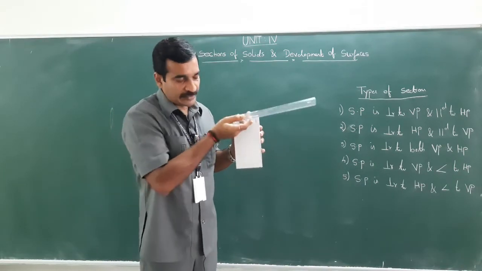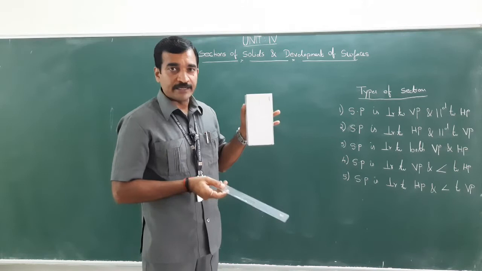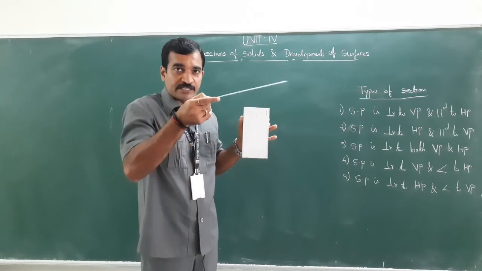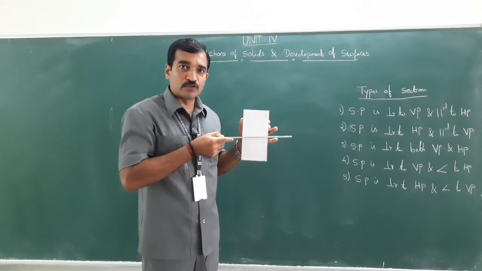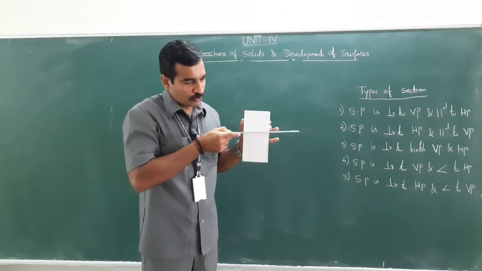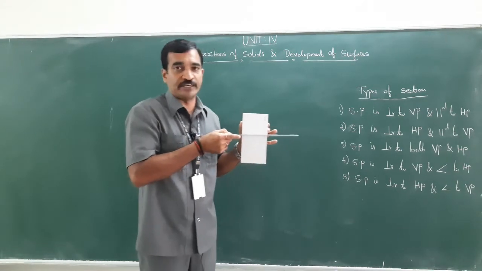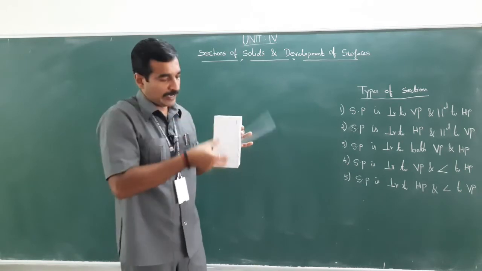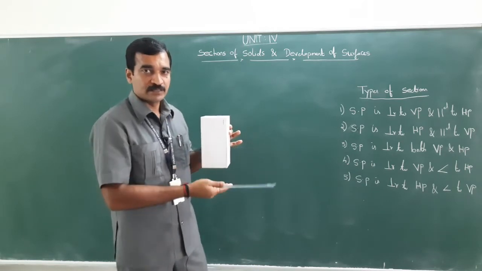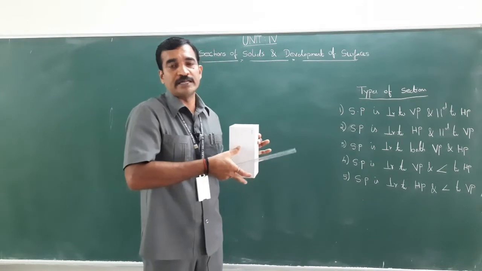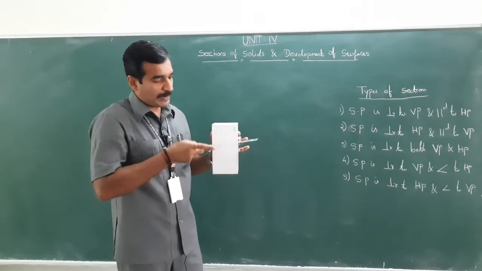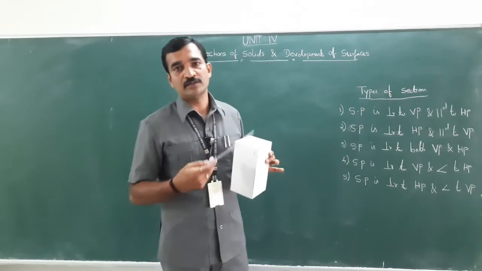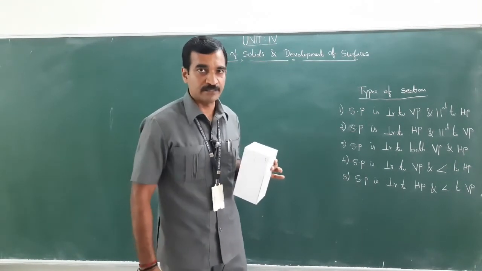If I cut it, this top portion is removed and the balance portion which is sitting on the base remains. By doing so, you can see the interior or the hollow portion of the object, right?